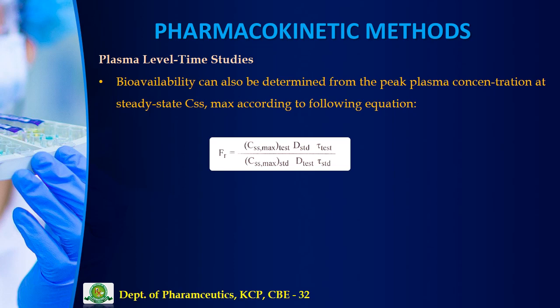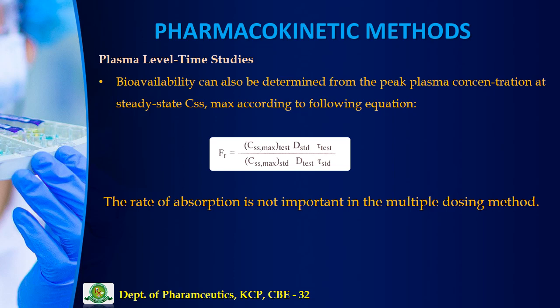This is the formula to calculate the steady state concentration Cmax for multiple dose administration. The rate of absorption is not important in the case of multiple dose administration. So we mostly concentrate on the steady state as well as the Cmax achieved in multiple dose administration, whereas we focus less on the rate of absorption.